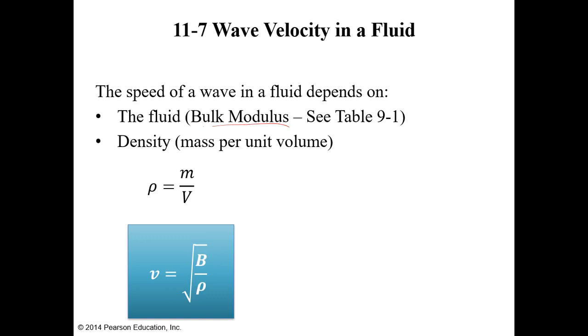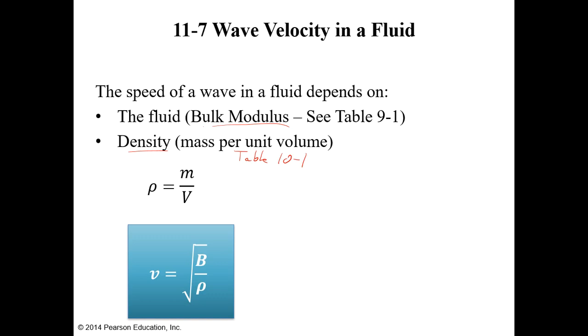I'm pretty sure that's Table 9-1 in your textbook. And then it also depends on the actual three-dimensional density of the fluid itself as well. And here, if you need those, you can look in Table 10-1, and that's where you are going to find density values.